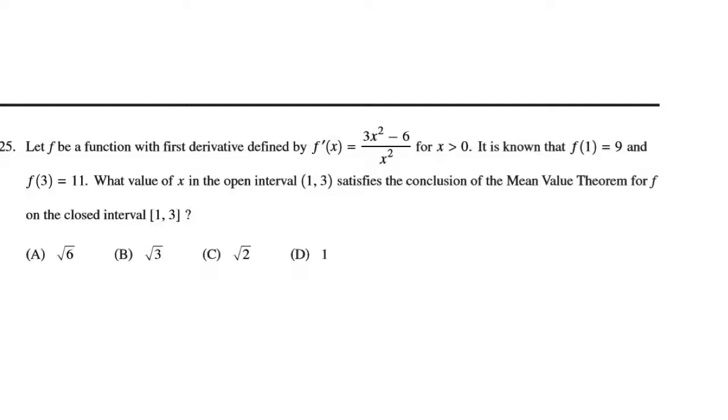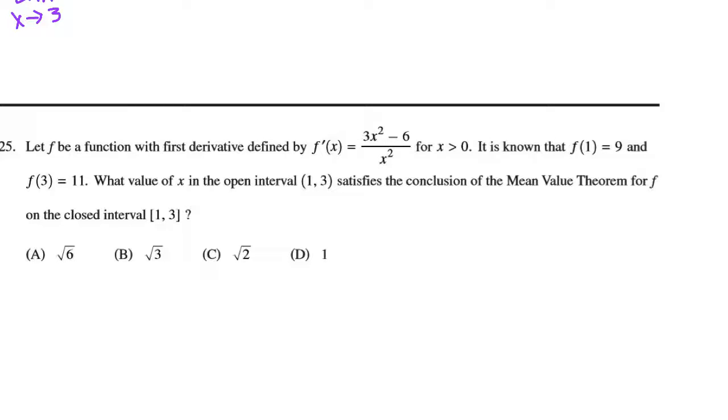And for number 24, if we go ahead and do a straight substitution with 3, then we will get 0 over 0. And so since we have 0 over 0, L'Hopital's rule can be used. So we're going to have the limit as x approaches 3.